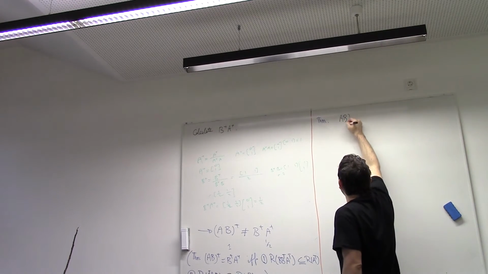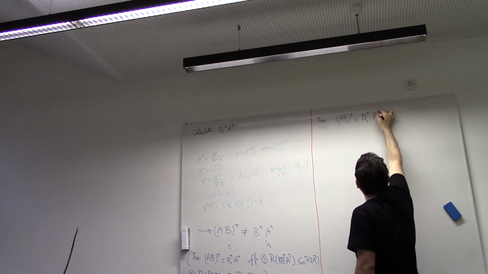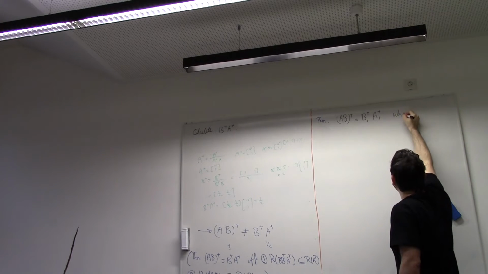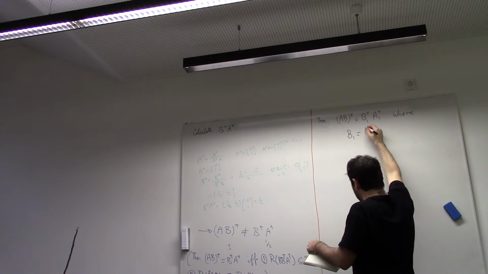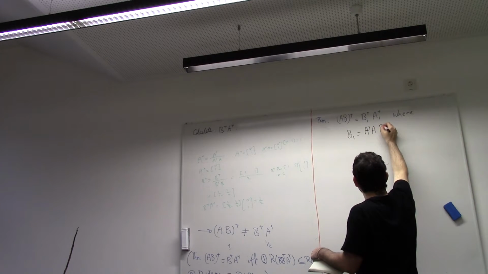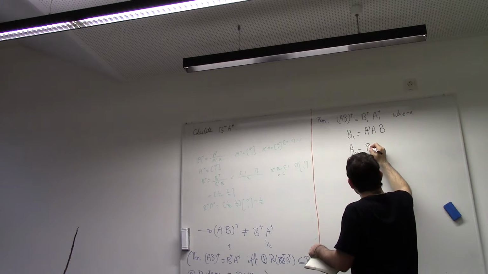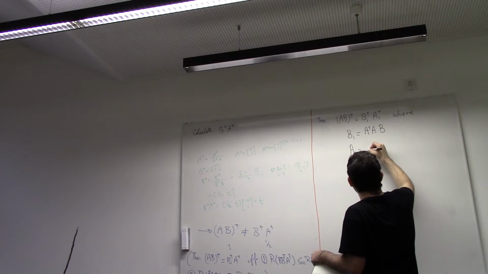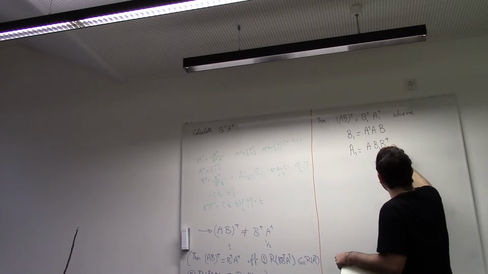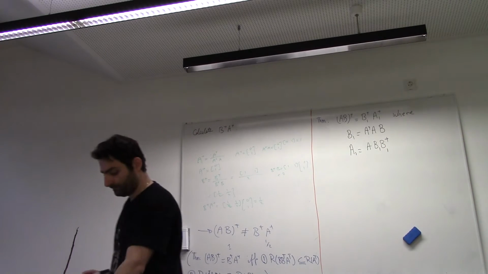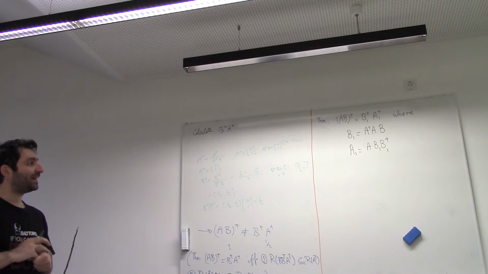(AB)⁺ is equal to B1⁺A1⁺, where B1 is defined as A⁺AB, and A1 is defined as ABB1⁺. So first we have to calculate B1, and after that we can calculate A1.